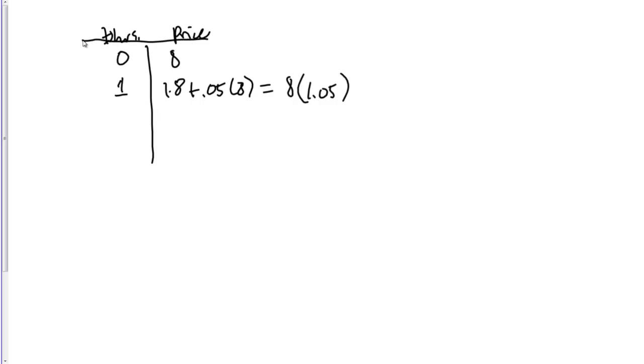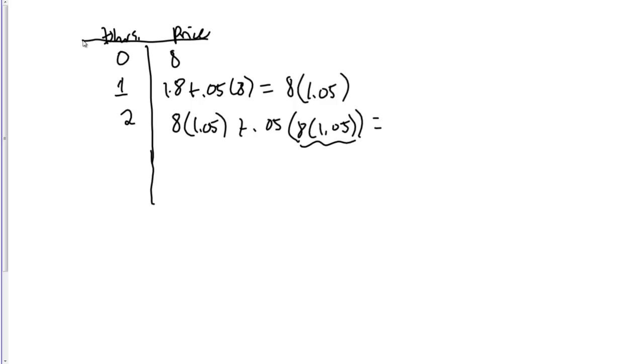Well, what would happen after 2 hours? Well, we would begin with our original price. We're going to write it like that rather than as just one number. And then we're going to add another 5% of that price that we started the second hour with.